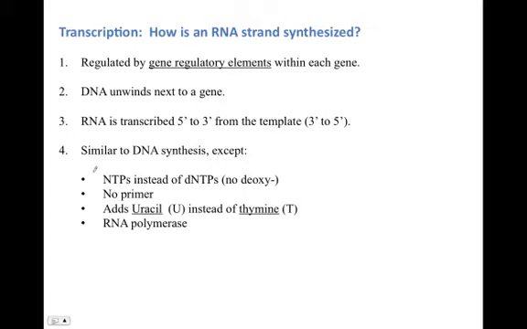It's similar to DNA synthesis, except for the use of nucleotides rather than deoxynucleotides. There's no primer needed to initiate transcription, and you add uracil instead of thymine. In this case, uracil complementary base pairs with adenine. And again, you use an RNA polymerase rather than a DNA polymerase.